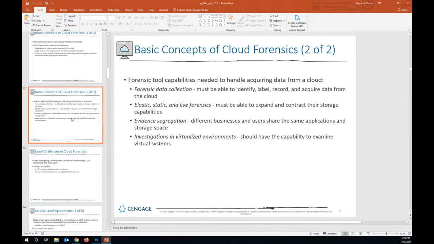These must be able to expand and contract their storage capabilities. Evidence segregation, because different businesses and users share the same applications and storage space. And also investigations in a virtualized environment. These tools should have the capability to examine the virtual systems.